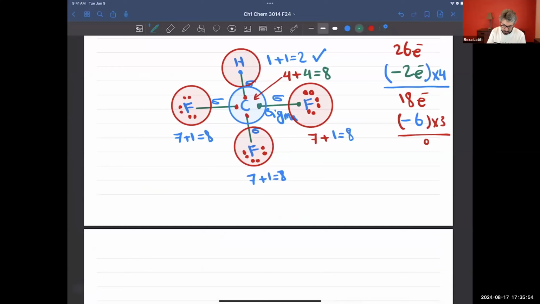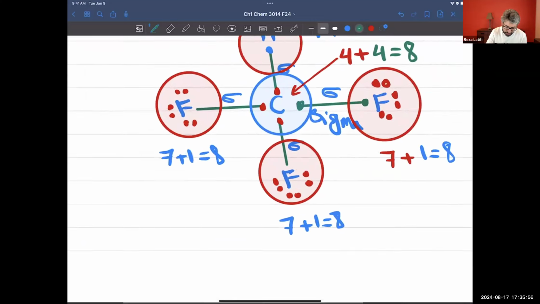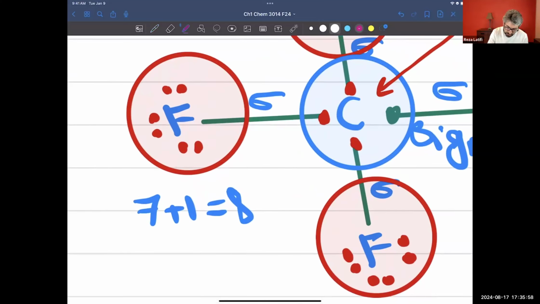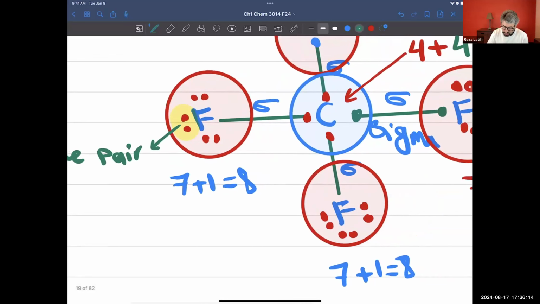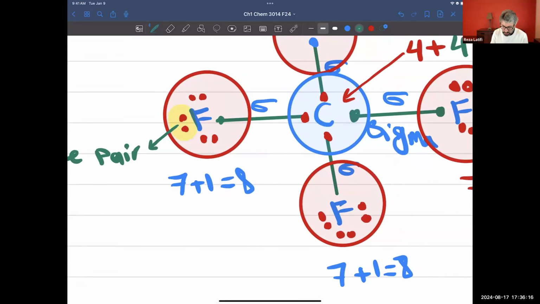And before we go after the formal charge, let me label some of these electrons. Those 2 electrons that I paired, we call them lone pair, because they are not attached to anywhere. But these 2 electrons, the pair between carbon and hydrogen, we use them to make a sigma bond.